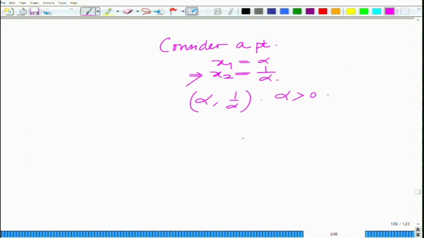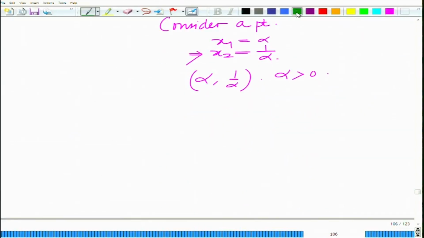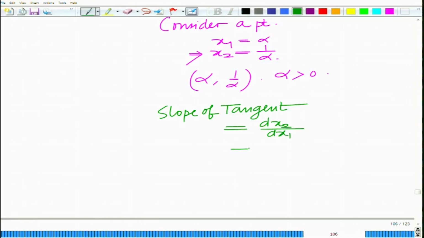And now, if you look at this quantity dx2 by dx1, that is, if you look at the tangent to the curve, the slope of the tangent to the curve equals dx2 by dx1, that is, at that point the tangent has the same slope as the curve.